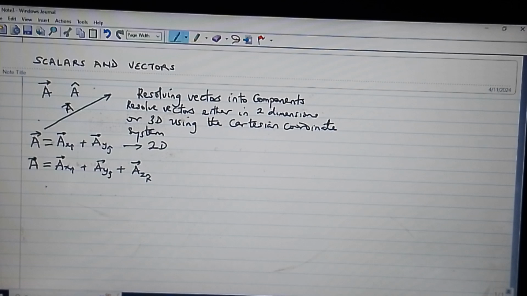Where in our equation i, j, and k are unit vectors in the x, y, and z axis, respectively.